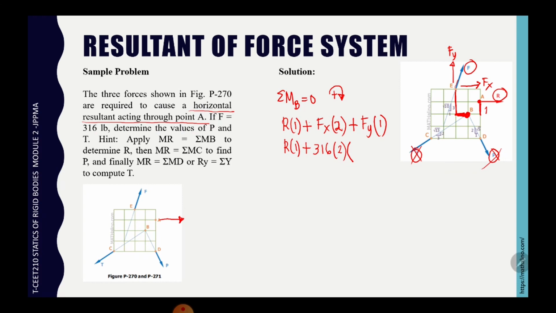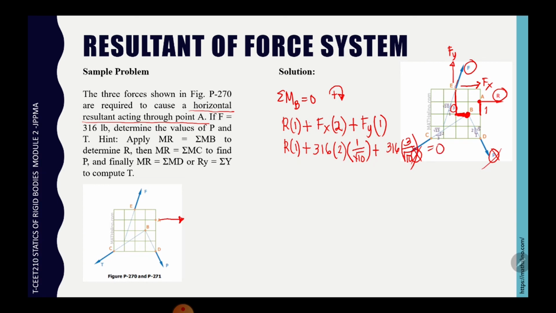Since this is Fx, kaya ang gagamitin natin na 1 over square root of 10 plus sa Fy naman is Fy is equal to 316 times gagamitin natin itong 3 kasi sa y-axis siya, 3 over square root of 10. Ayan. So, equal to 0.